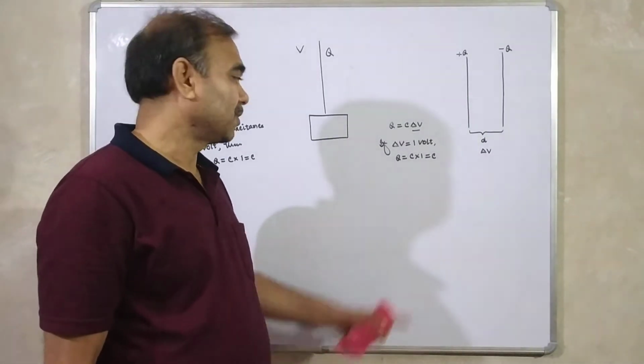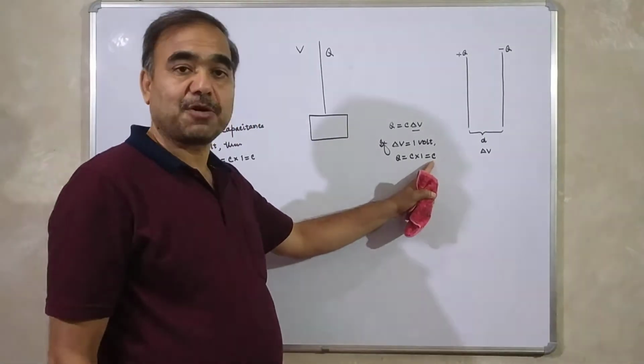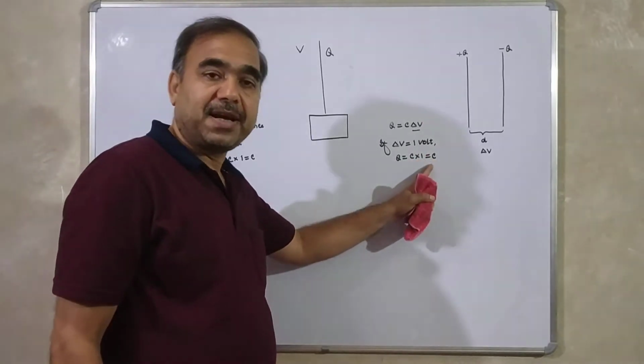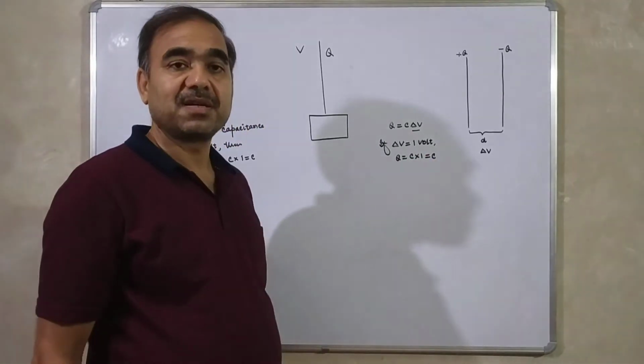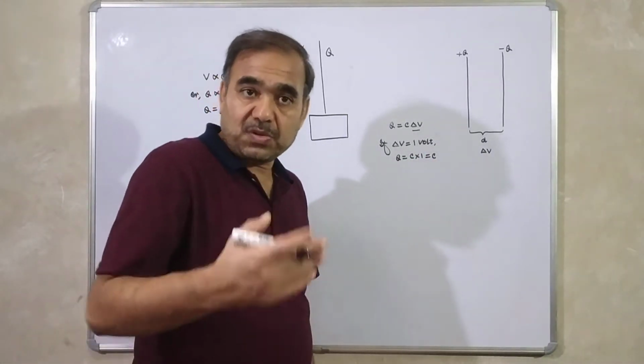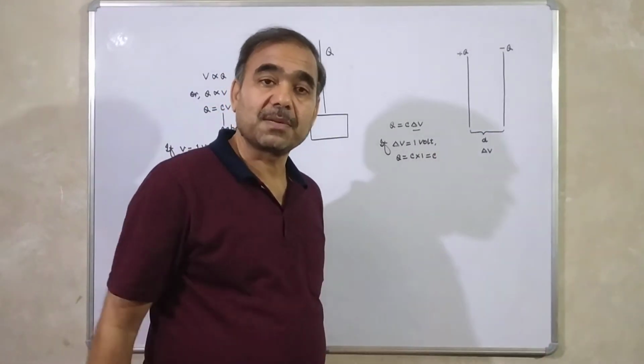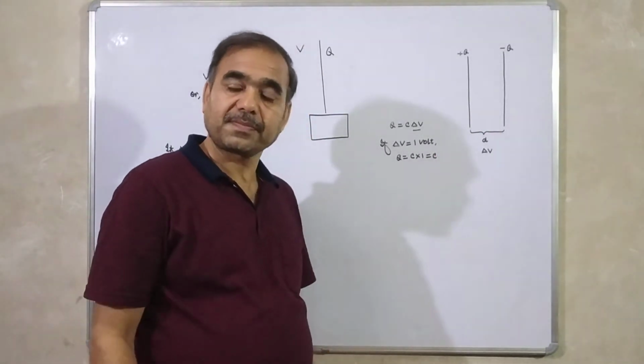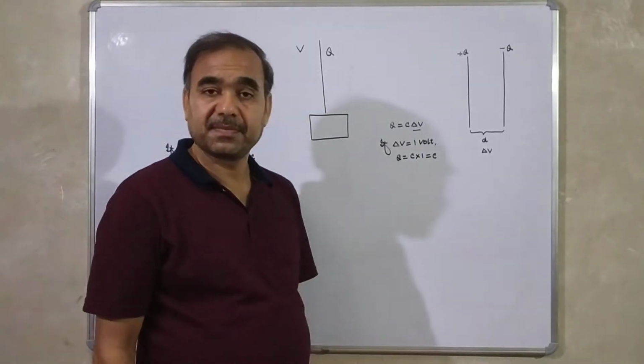Clear? Once again listen. Capacitance of a capacitor is defined as the amount of charge supplied on it so as to raise its potential by 1 volt. Right? This is the definition.